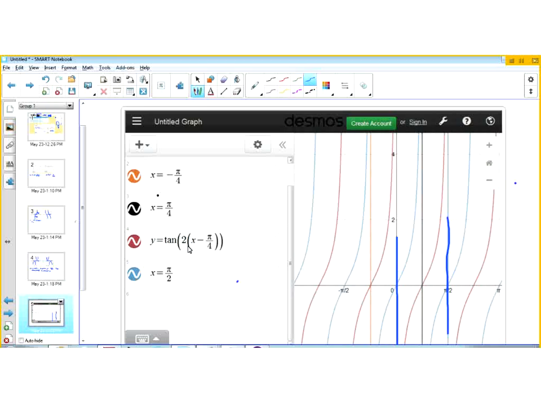Let me check that. We shift the curve pi fourths.